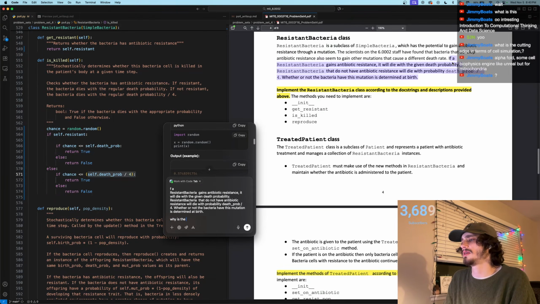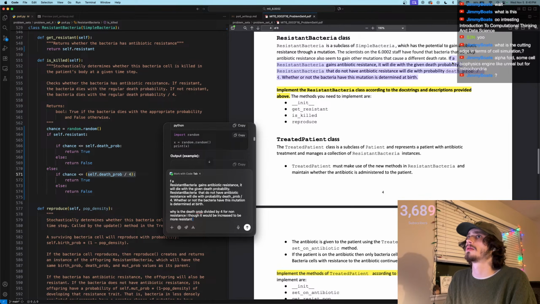Why is the death prob divided by 4 for non-resistant? I thought it would be increased to be less resistant.